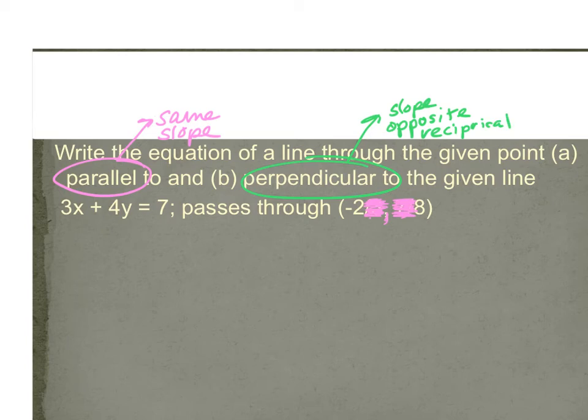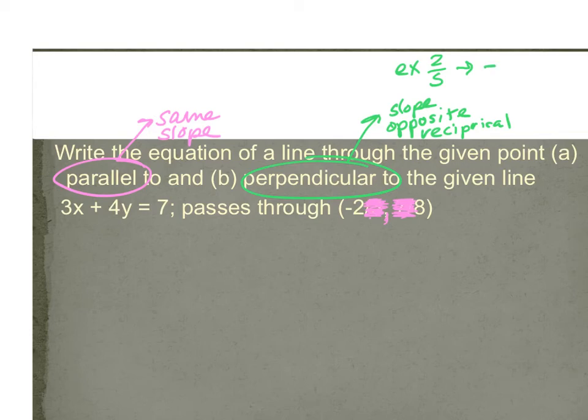So opposite reciprocals, an example would be if one line, hang on one second, my computer's gonna die. Okay, if one line has a slope of, let's say, 2/5, its opposite reciprocal would be the reverse sign.